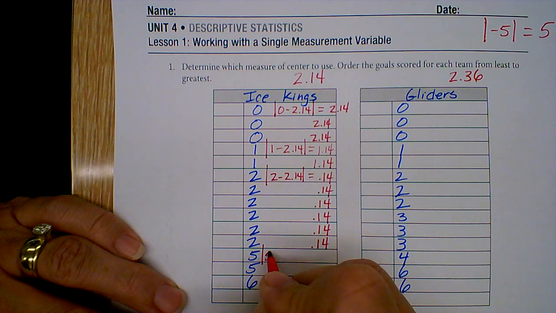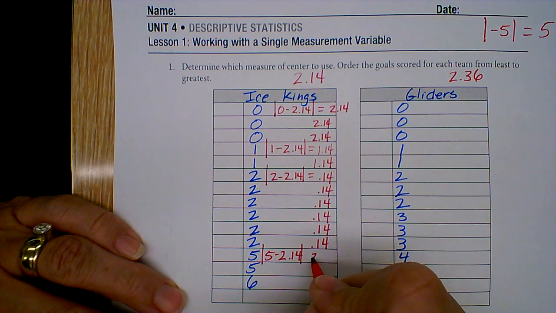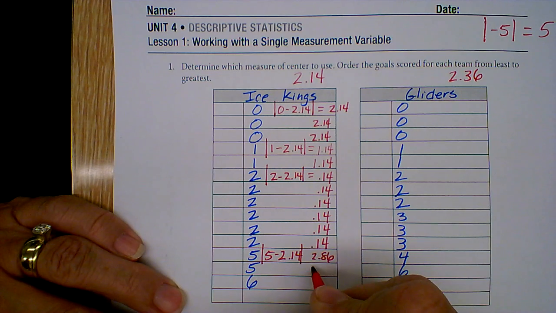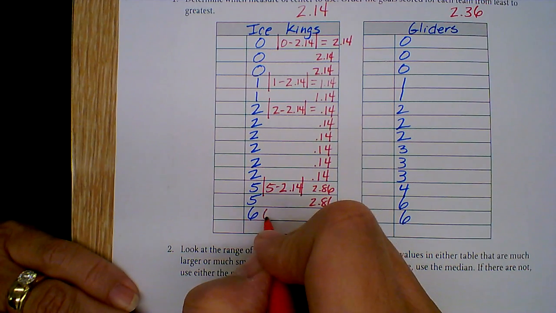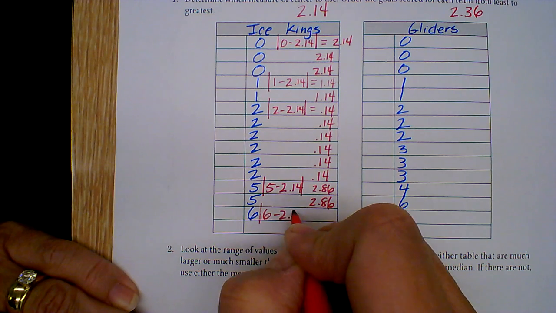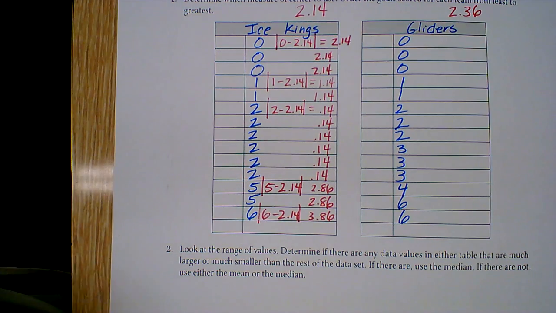Here, the absolute value of 5 minus 2.14 gives us 2.86, 2.86. And then 6, the absolute value of 6 minus 2.14, gives us 3.86.